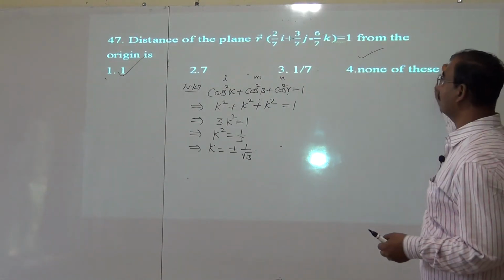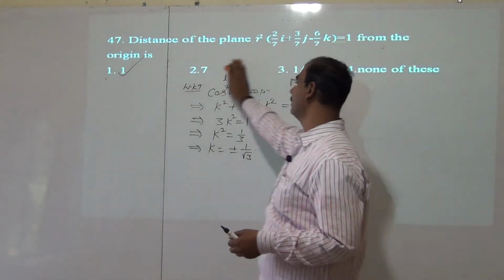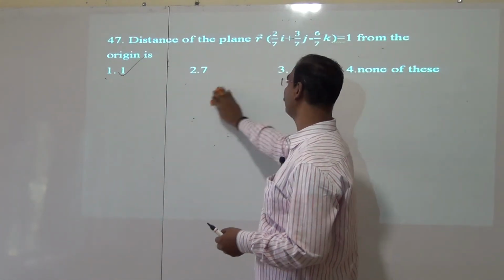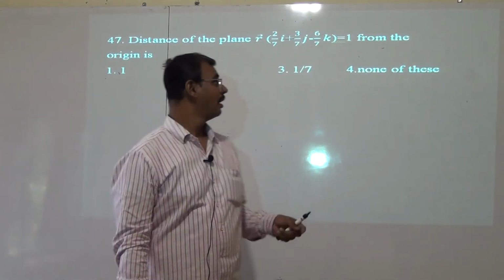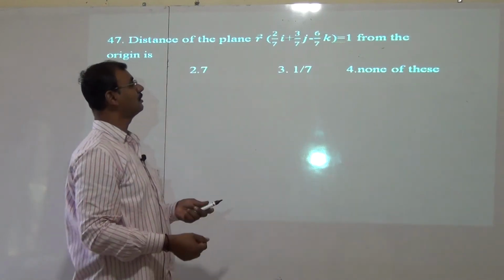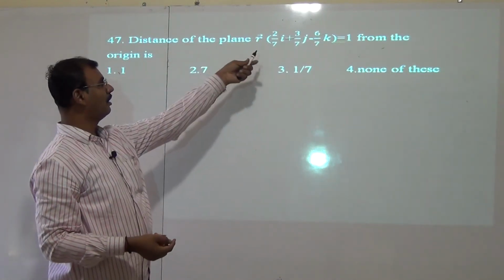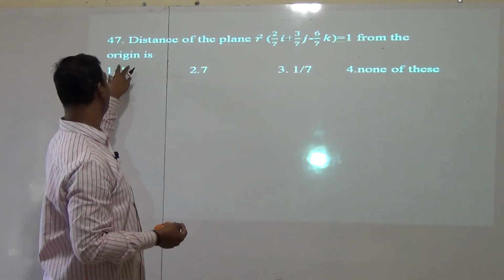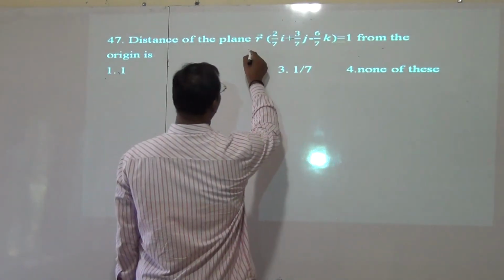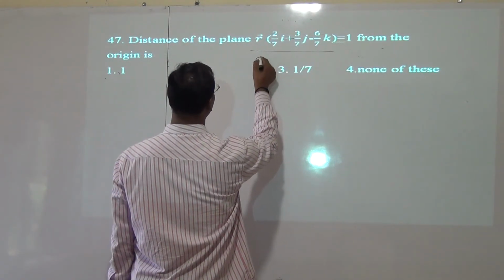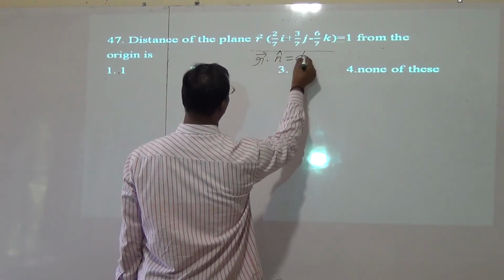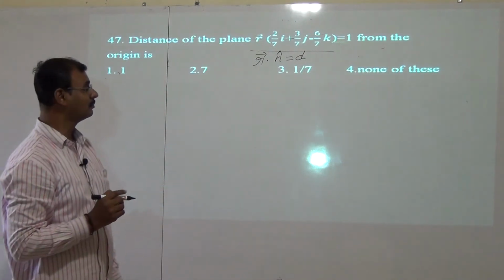Distance of the plane. Problem number 47. Distance of the plane r bar dot n cap is equal to 1 from the origin. Direct standard question, standard problem given. So what is the equation of the plane in the normal form? R bar dot n cap is equal to d, in vector form.